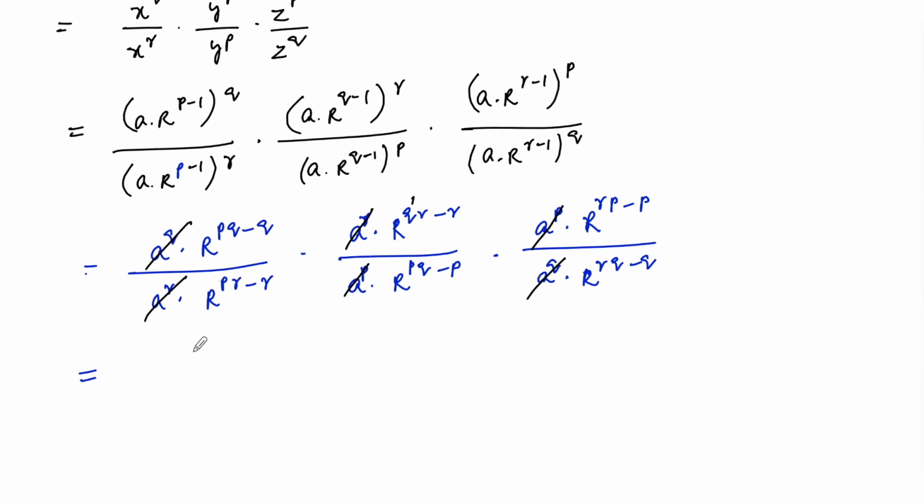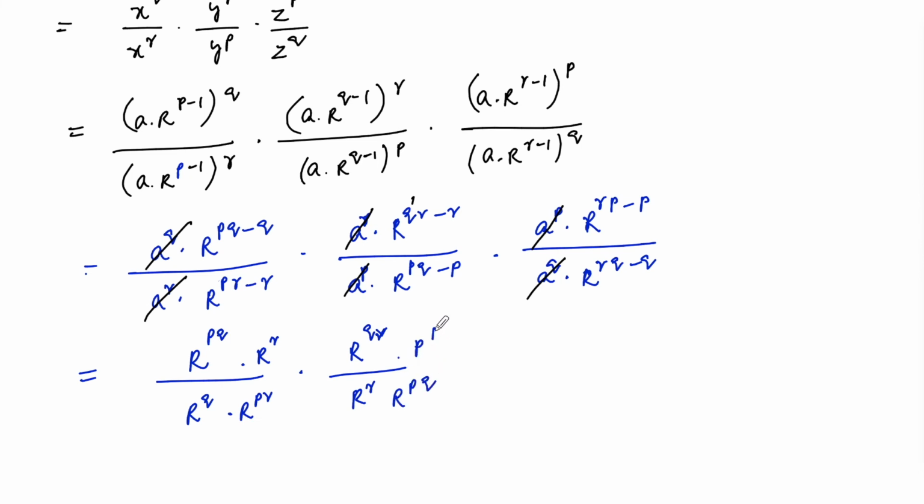And so we can write here r to the power pq upon r to the power q, and again r to the power pr into r to the power r into r to the power qr, upon r to the power r into r to the power pq into r to the power p into r to the power rp, upon r to the power p, and again r to the power rq into r to the power q.